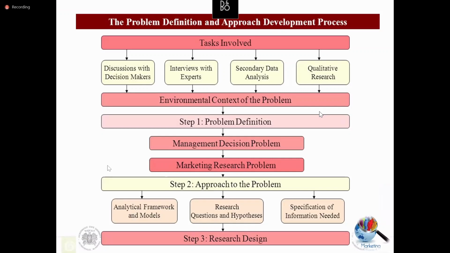Though it looks like we have some tasks involved, environmental context, the problem definition, ultimately that has to be turned into a marketing research problem, so we have to be very careful. Then at the second step, what we are doing is deciding how we can approach the problem.